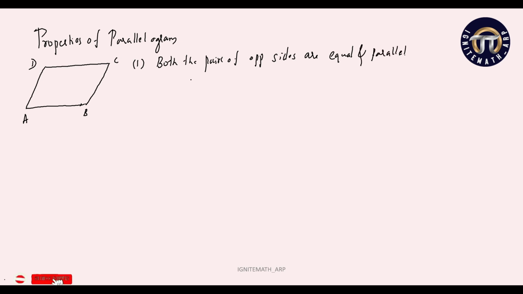Here I can say AB is equal to DC, AB is parallel to DC. Also BC is equal to AD and BC is parallel to AD. You need to understand, children. If you only remember the property, that is not sufficient. You need to understand and apply these properties to solve problems. That is the first property.